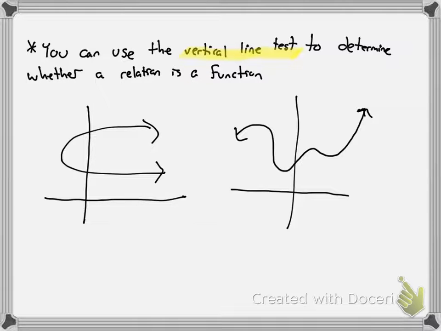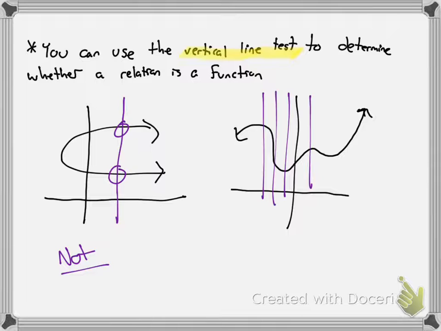So for example, looking at this graph to the left, if I draw a vertical line, I can clearly see that this graph goes through that vertical line twice. So this would not be considered a function. On the other hand, looking at this other graph, even though it's kind of like a weird squiggly line, no matter where I draw a vertical line, that graph will only pass through any vertical line once. So looking at that, you can say that yes, that would be a function.